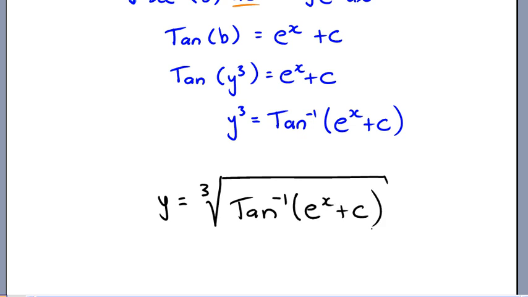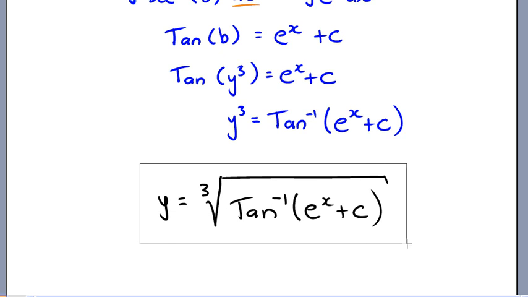And that c is inside that bracket, inside the inverse tan, underneath that cube root. It's not hanging out here, not this time. And if you had an initial value, then you could actually go and find out what that c is. So pretty intense looking solution, but it does work. It satisfies that separable differential equation.